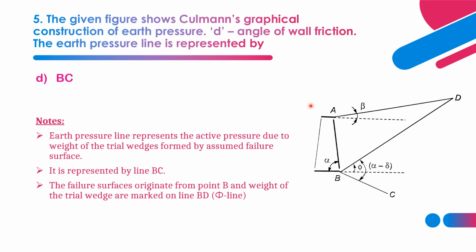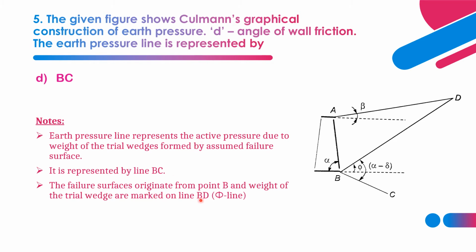This is an important theory of earth pressure. The earth pressure line represents the active pressure due to the weight of trial wedges formed by assumed failure surface. So say this is an assumed failure surface, and this BC is the line which is representing earth pressure, and that is due to active pressure.